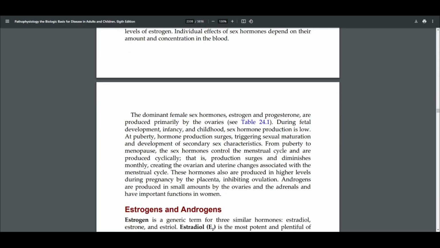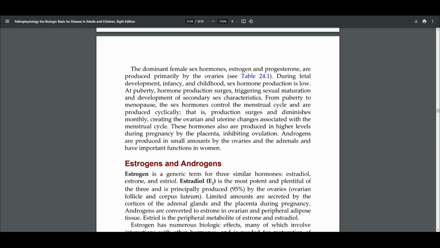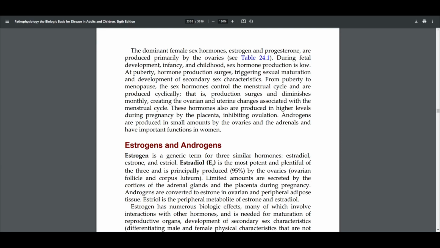The dominant female sex hormones, estrogen and progesterone, are produced primarily by the ovaries. During fetal development, infancy, and childhood, sex hormone production is low. At puberty, hormone production surges, triggering sexual maturation and development of secondary sex characteristics.